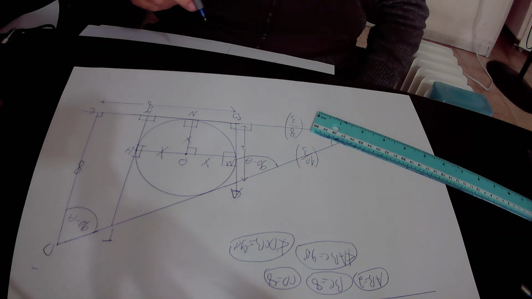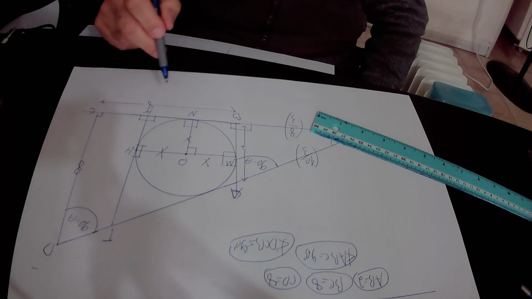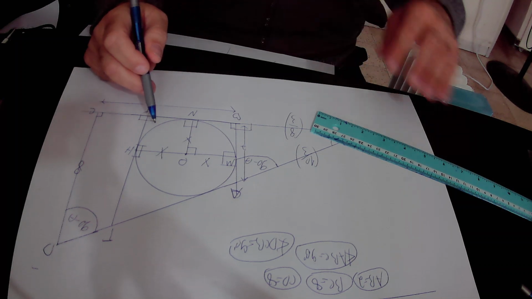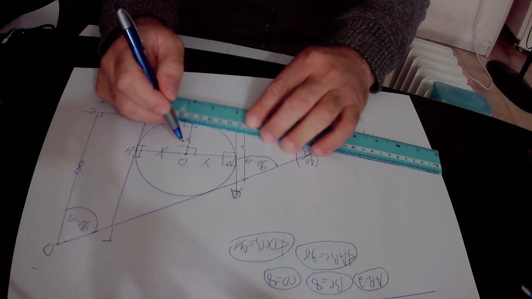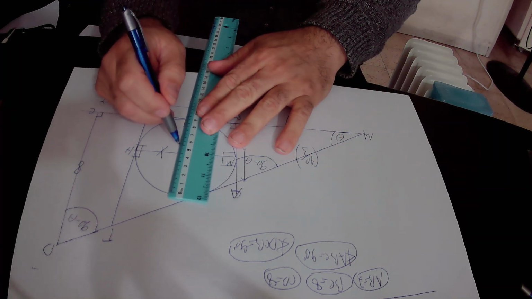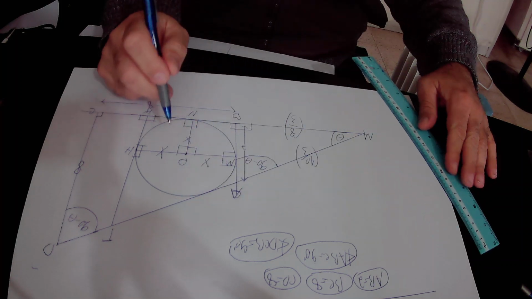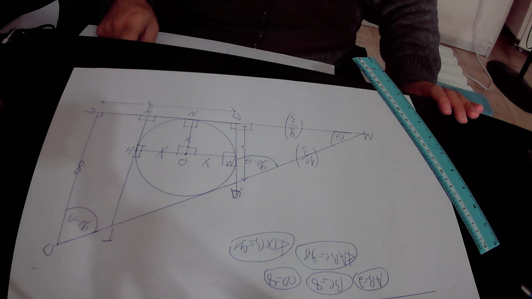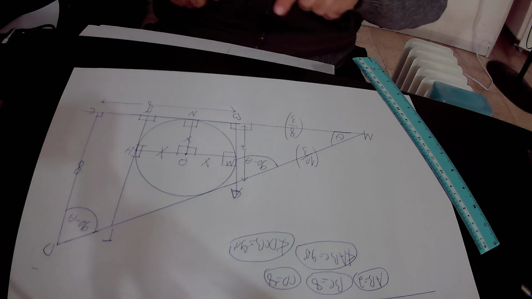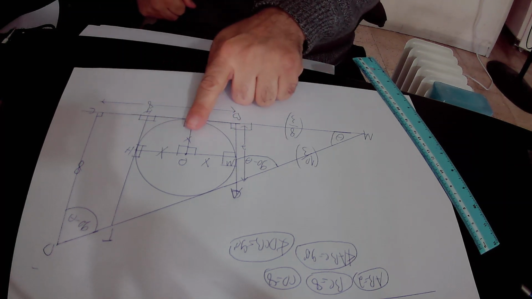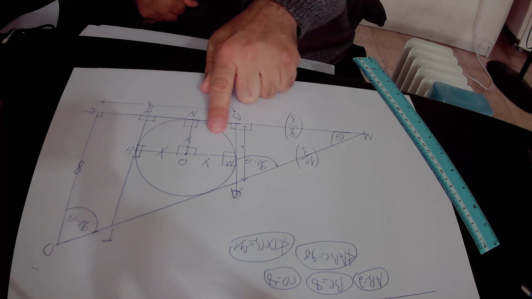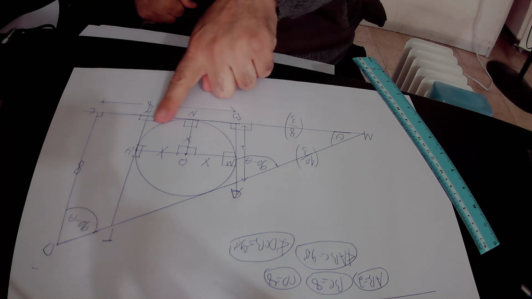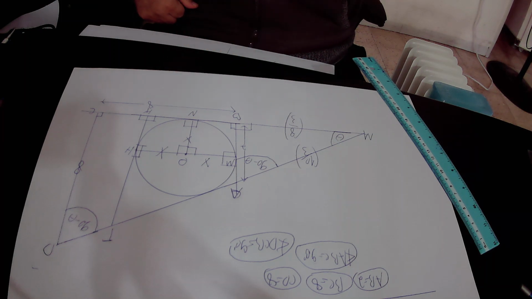So inside quadrilateral OHBN we have 1, 2, 3 right angles, therefore the fourth angle must also be equal to 90 degrees according to the rule that the sum of the angles in any quadrilateral is equal to 360 degrees. Angle MOH equals 90 degrees plus 90 degrees, it is 180 degrees.